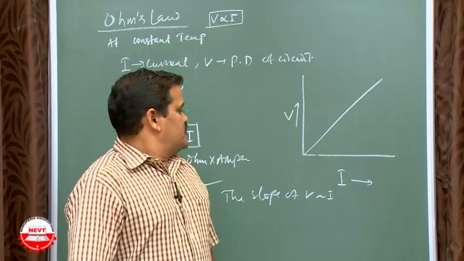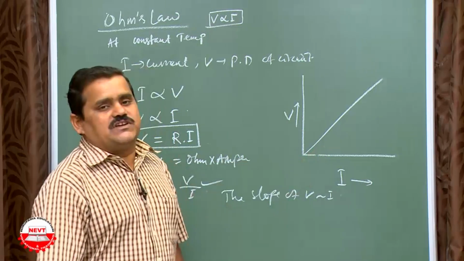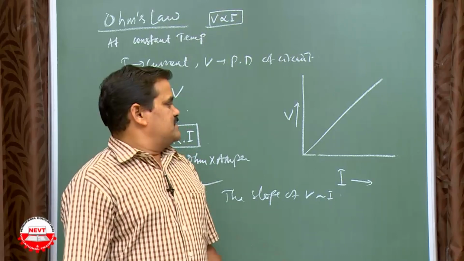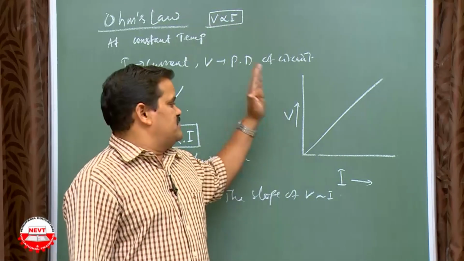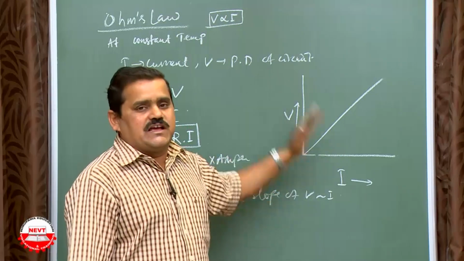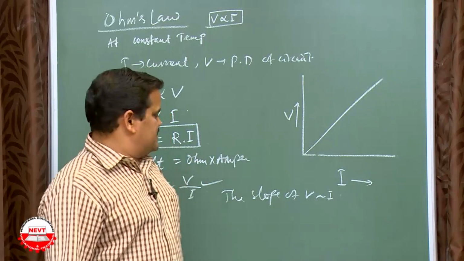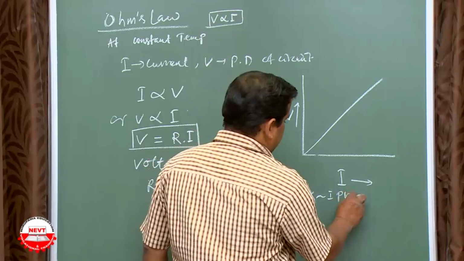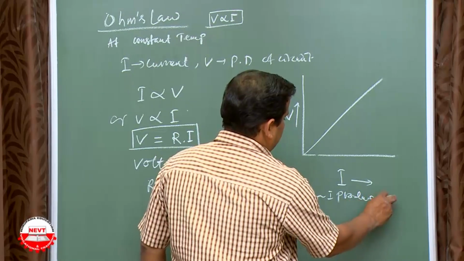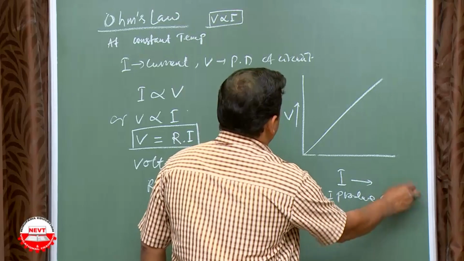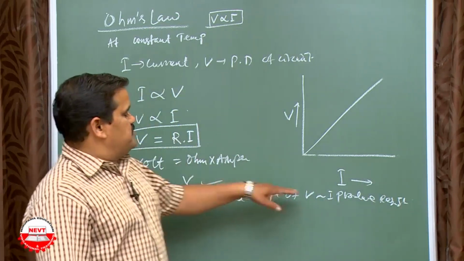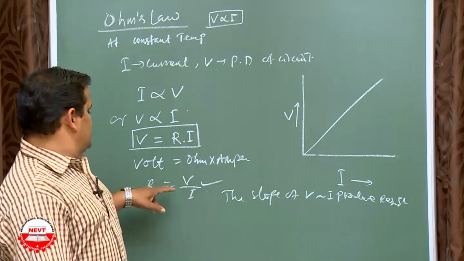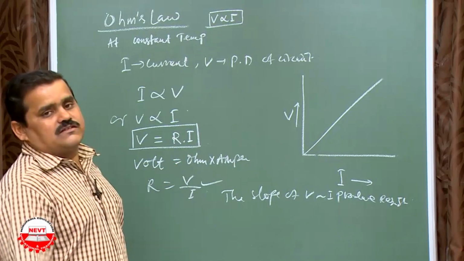Slope means tan theta, that is perpendicular by base, which means V by I, or Y by X. That means the slope of the VI graph gives resistance. Why resistance? Because the slope of the V versus I graph is V by I, and V by I is resistance.